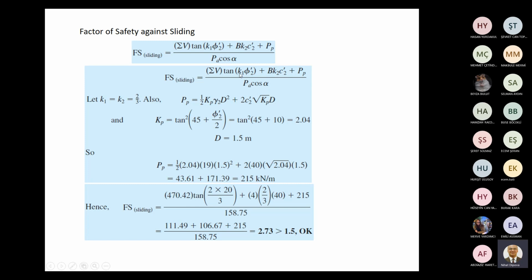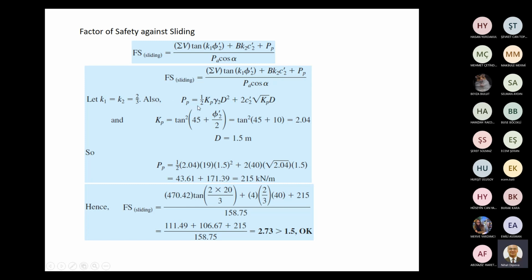Generally, these factors are taken as 2/3. In some books, you can see as 0.7 or 0.75. These are close values. Here, in this book or in this lecture, we will use 2/3. What else?